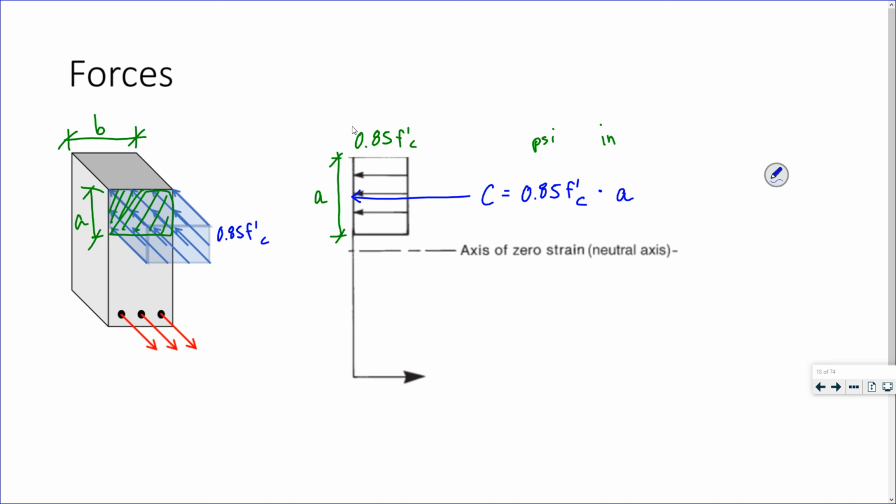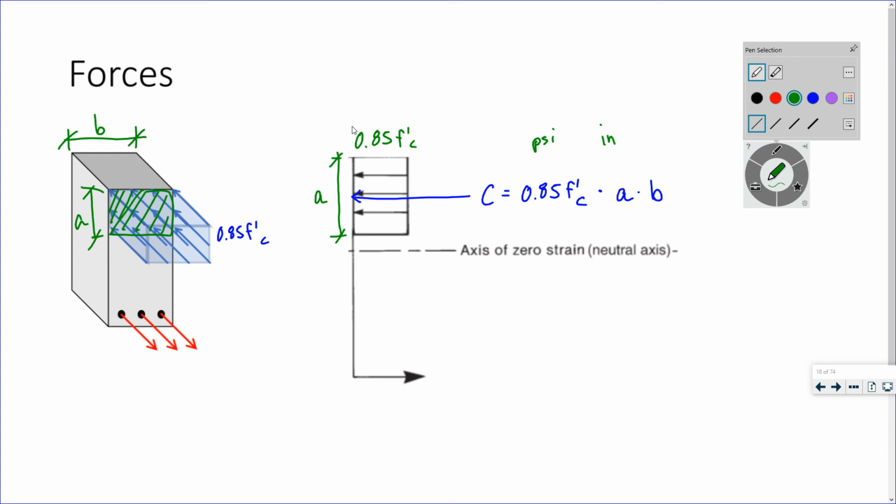And it's being multiplied by the area over which it occurs, which is A times b, inches times inches, so that would give me pounds. Pounds equals psi times inch times inch.